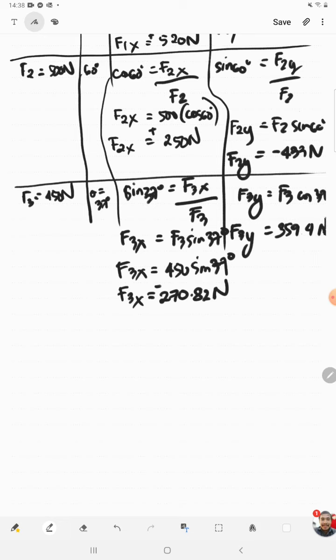You will see here that F3y is also negative. So now we have finished getting the components of each force.